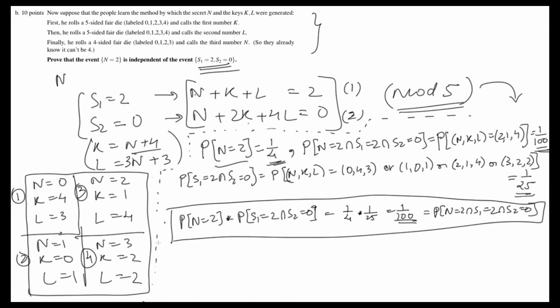Now this is the definition of independence of two events. When the probability of A times the probability of B is equal to the probability of A intersection B, then we know that the two events are indeed independent.